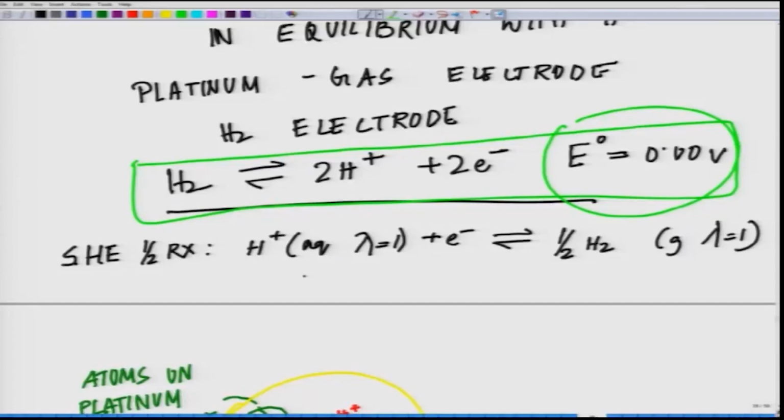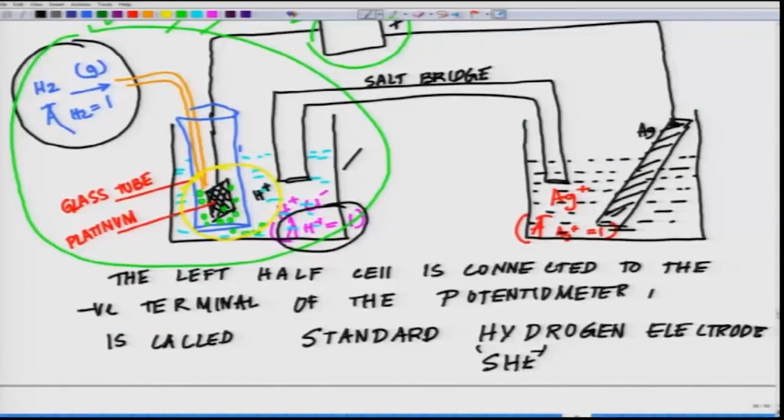What is important to know here is that the stream of hydrogen bubbled through the electrode saturates the solution. So the hydrogen being bubbled through here saturates the solution with aqueous hydrogen.